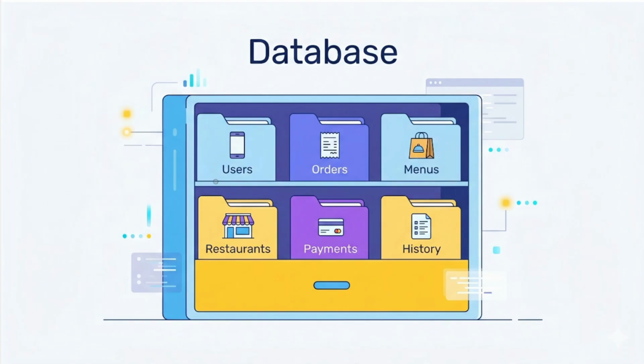Imagine a database as a highly organized filing cabinet. In a normal cabinet, we keep files in different folders. As you can see here: users, orders, menus, restaurants, payments, history. The user folder stores customer details.